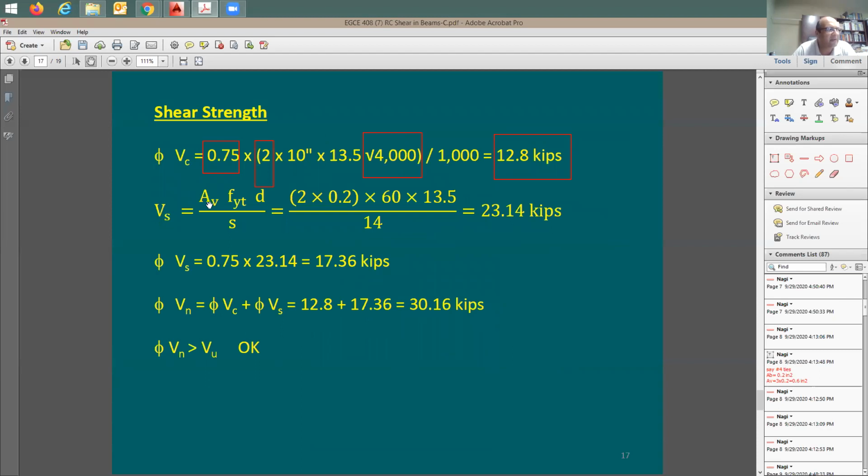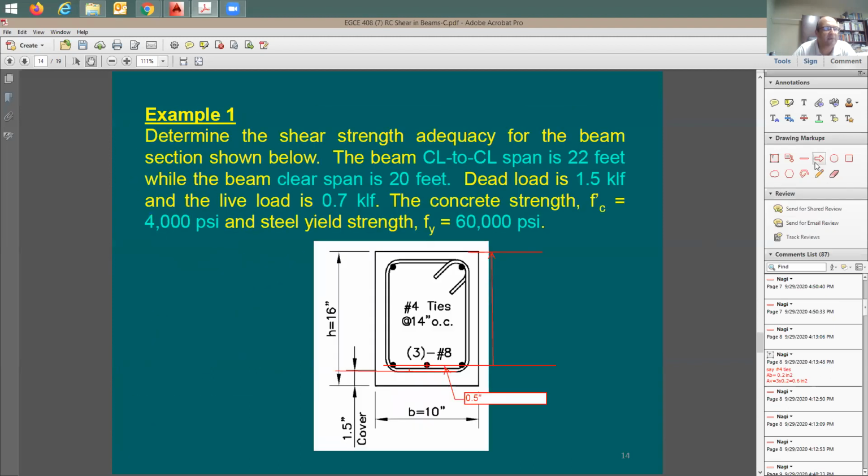So, okay, it's going to be equal to A sub v. What is A sub v? It's the cross-section area of the ties in a horizontal cross-section. If I take a section here, it's going to be 2 rebars that I'm going to be cutting through. Let me cut this section here. I'm going to be cutting through 2 number 4s.